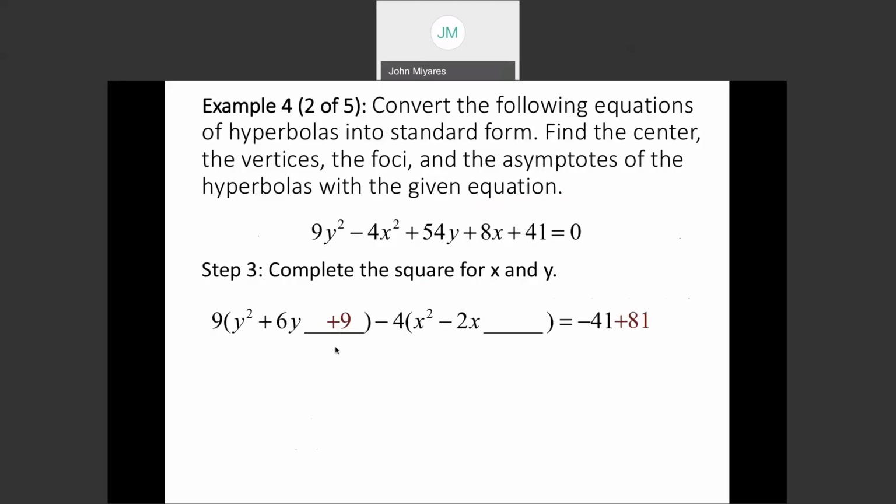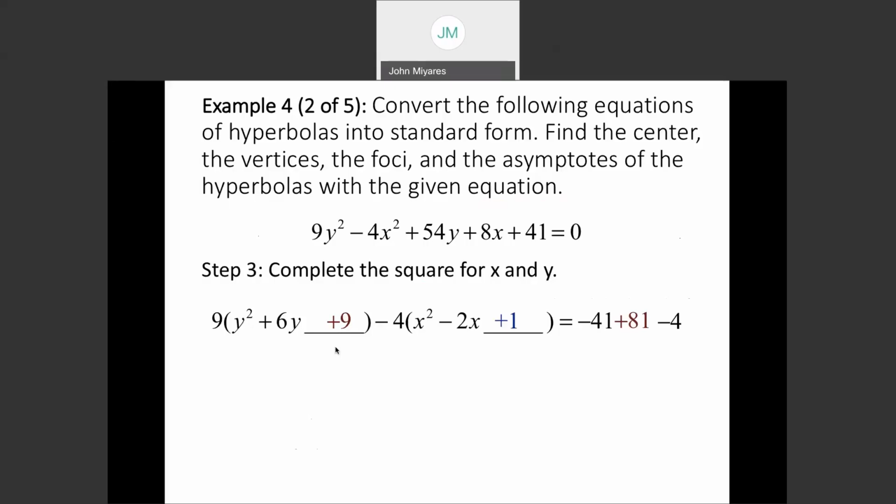Similarly, we want to look at the x expression, and we see that the middle term is negative 2. Half of negative 2 is negative 1, and negative 1 squared is positive 1. This means to complete the square inside the parentheses, we want to add a 1. However, everything inside the parentheses is really being multiplied by the minus 4 on the outside.